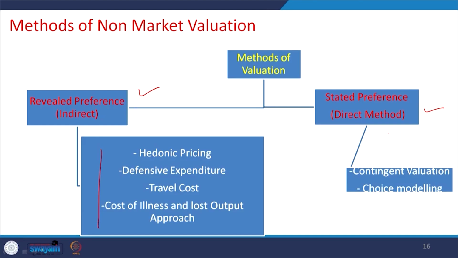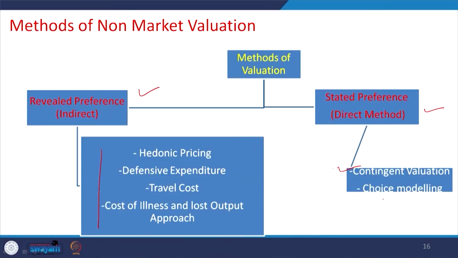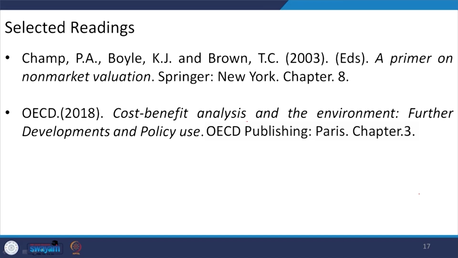Under the stated preference method, we have the contingent valuation method and the choice modeling approach. Recently, a developed form of the stated preference method is the choice modeling approach, which is based on choice experimentation.